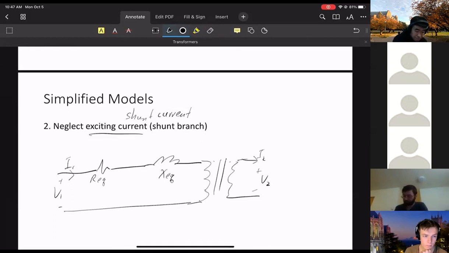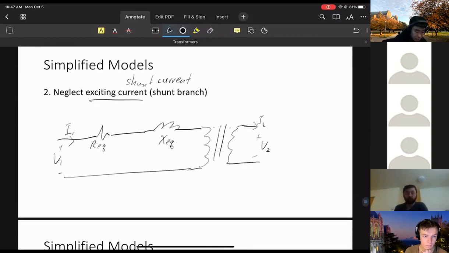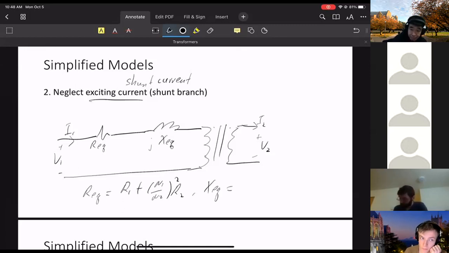I1, V1, okay? And what we can do is we can just add it. R2, X equivalent is X1 plus N1 over N2 squared X2, okay?